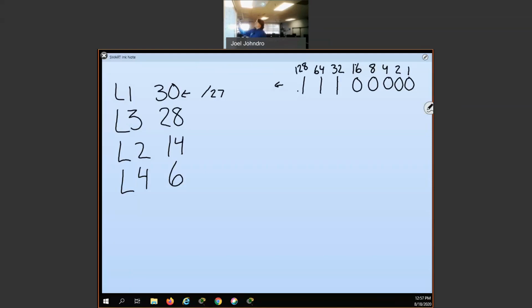Subnet mask for a slash 27 is these three numbers added together. And I think you'll see that comes to 224. So this subnet mask is 255.255.255.224. I'm just going to write the last octet down to save some space.